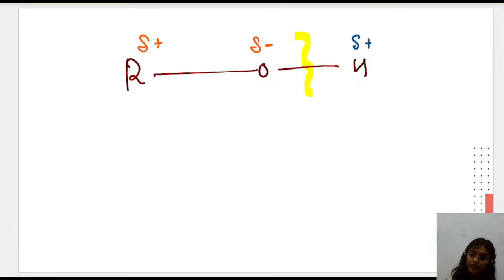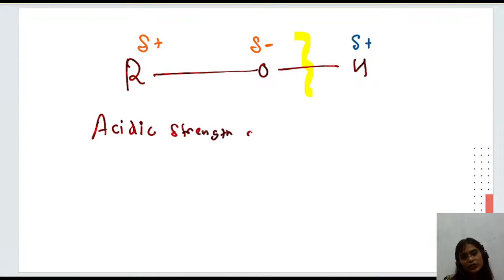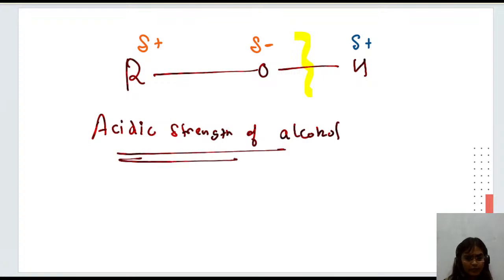Yes, very good. Now the next question for you. Suppose I have a normal alcohol, an aliphatic alcohol, and let's use some examples. So our first topic of today's class is the acidic strength of alcohols. Between alcohols, suppose this is some CH3 connected with some NO2 group.